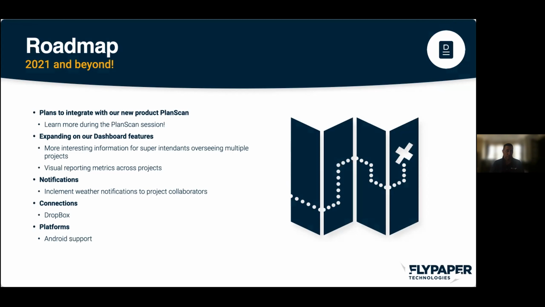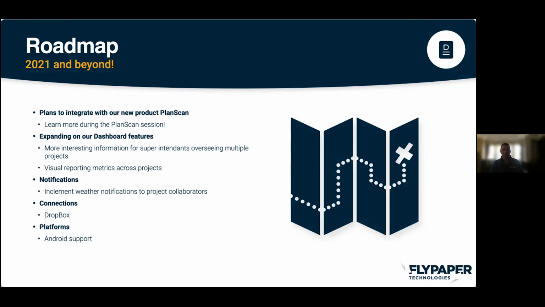The visual reporting metrics across projects. I was talking about a little bit of that a minute ago, but we want to continue to expand there too. We do have good reports. The reports are showing the information that you want. We do have a report generation tool that goes beyond just the simple download button in daily, where we give you our pre-canned reports. You can actually make slightly more sophisticated reports with more sophisticated time ranges and things like this.